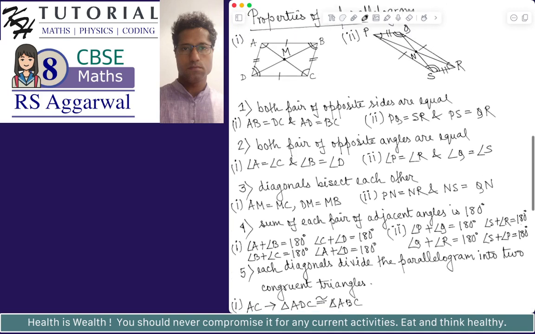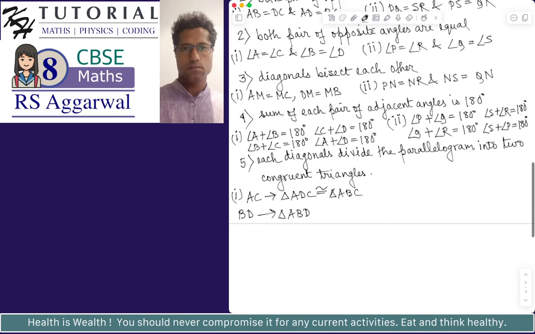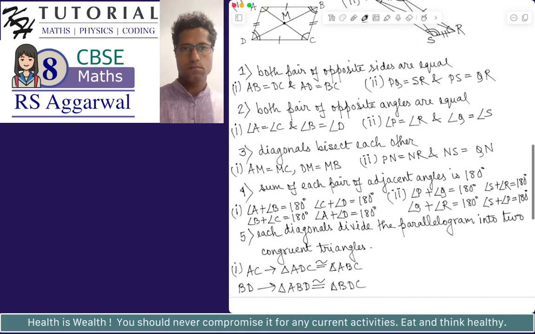One triangle is ABD and the other is BDC, and they are also congruent. So this was for figure 1.